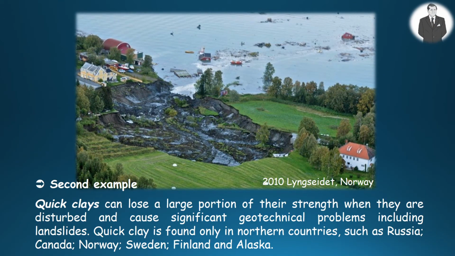Quick clays are originally deposited in marine environments and they have a very delicate structure, such as a house of cards. When they are disturbed, they can lose a great portion of their strength and behave like a liquid and cause significant geotechnical problems, including landslides. Quick clays are only found in northern countries such as Russia, Canada, Norway, Sweden, Finland, and Alaska.